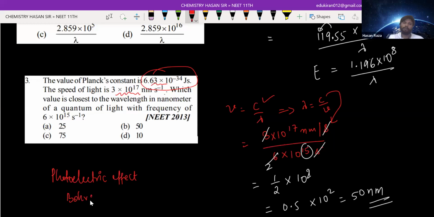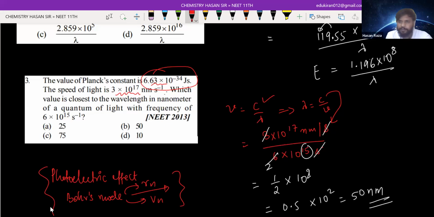Bohr model is very important, that means basically radius of nth orbit, velocity of nth orbit, and everything about Bohr. Till yesterday's previous topics and up to this topic, before quantum numbers, like de Broglie wavelength, then the Heisenberg uncertainty principle. You are going to do all this. Is that clear? Abdullah, Rishita, Yasir.